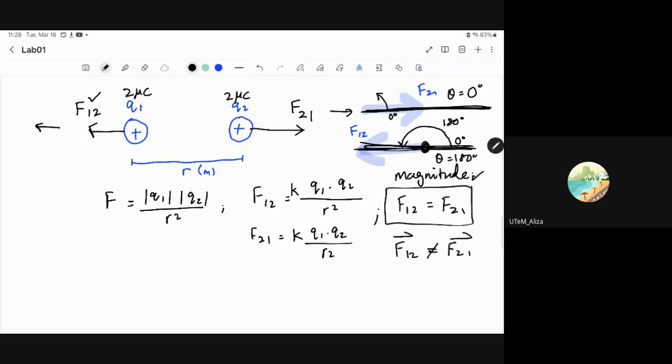However, when you talk about direction, they are not the same. The first force F21 has a direction of 0 degrees, meaning it goes to the right. And the second force F12 has a direction of 180 degrees, meaning the force is moving to the left.